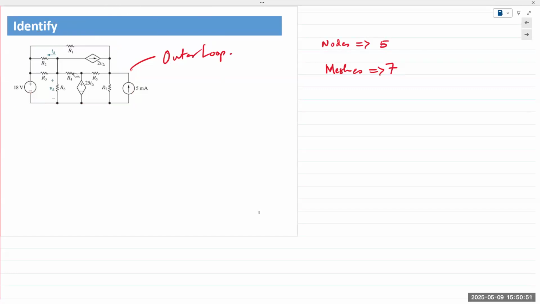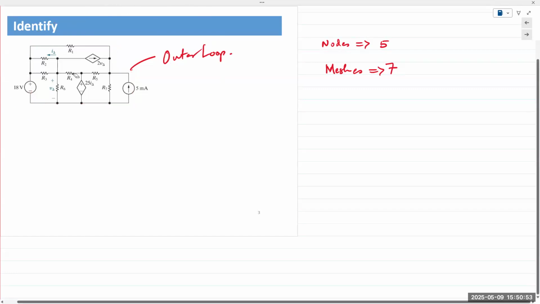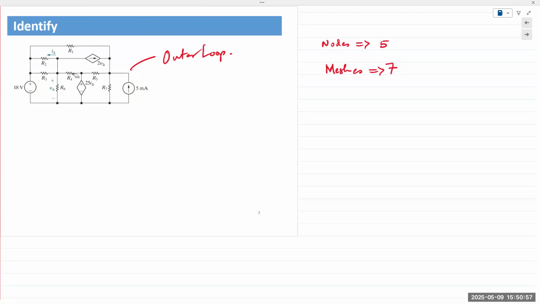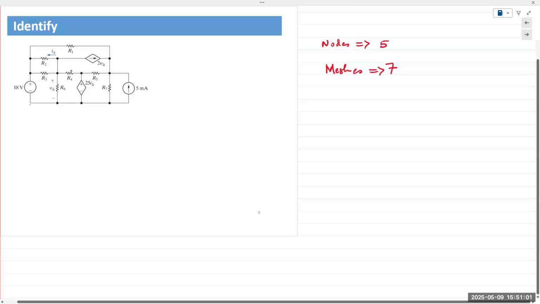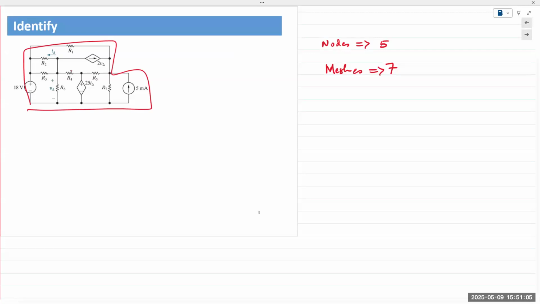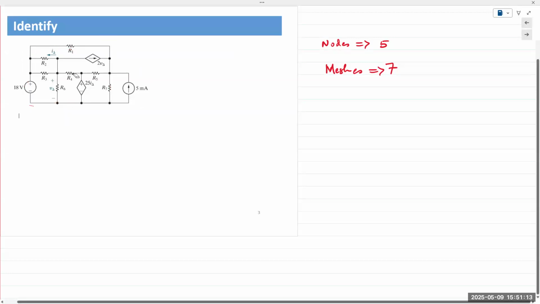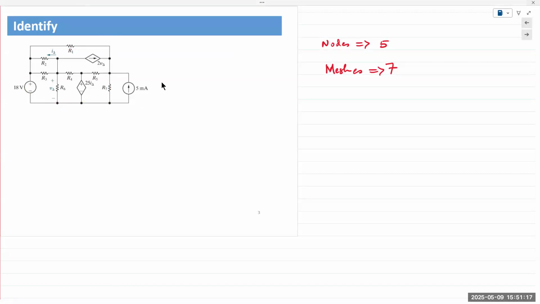Have you all studied this before, by the way? Loops and meshes? Okay. All right, so we have one big outer loop. So I'm going to mark this. Then you can take this one, that's 2.